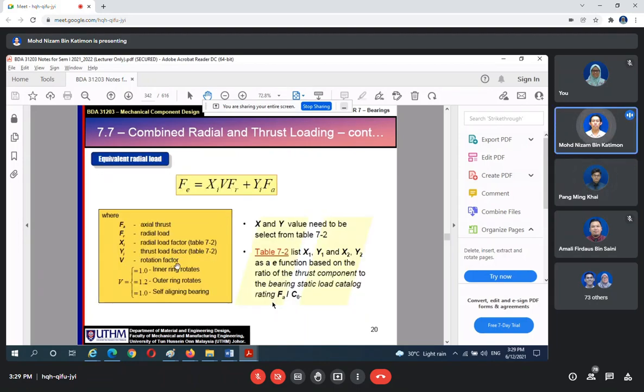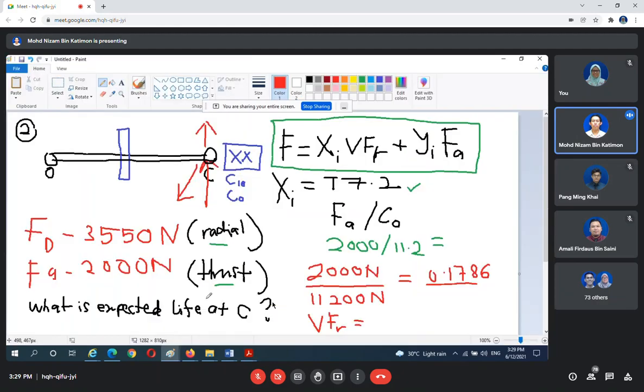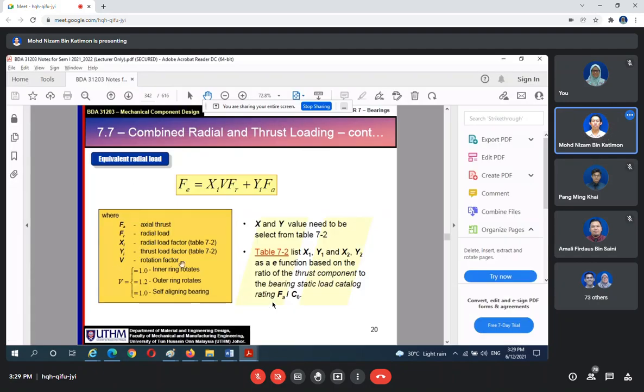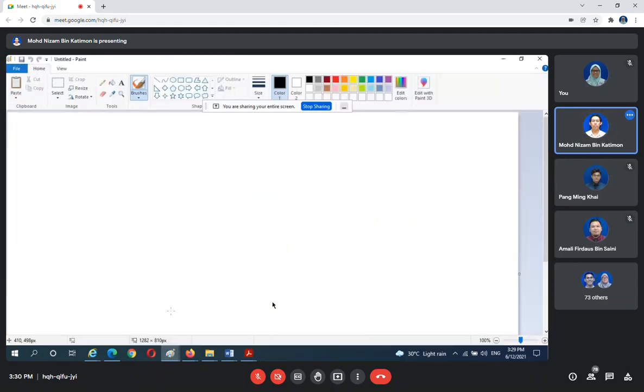Okay, this one, page 20. Rotation factor: inner ring rotate, outer ring rotate. Rotation factor is defined in our design of bearing.